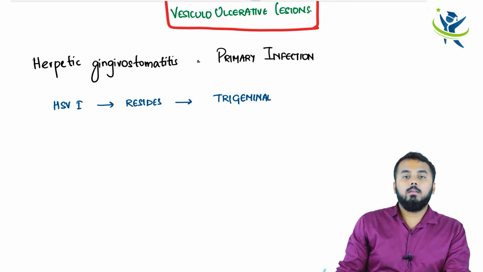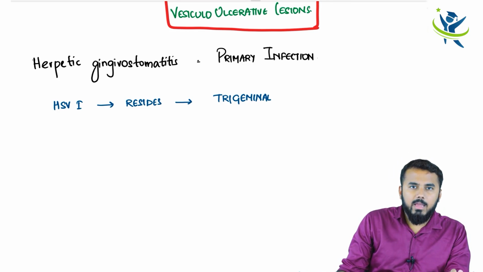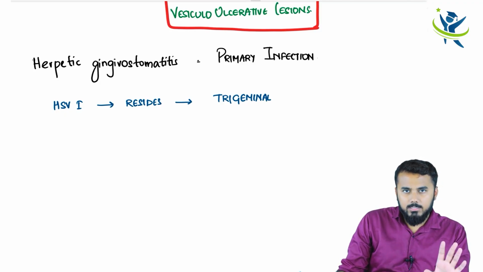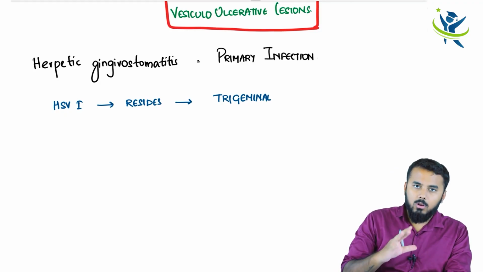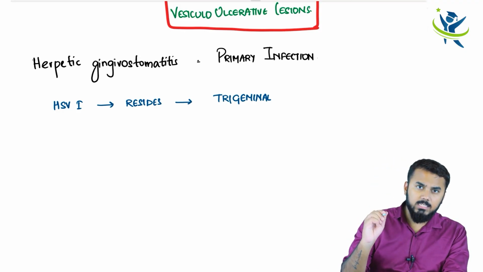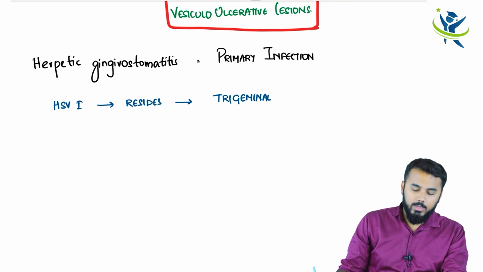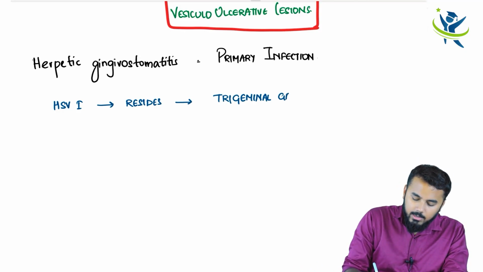It is formed by the union of three nerves, the ophthalmic, maxillary as well as mandibular, that is the fifth pair of cranial nerve. All of them join together to form a ganglion called the trigeminal ganglion. So within the trigeminal ganglion, you would see HSV-1 residing.